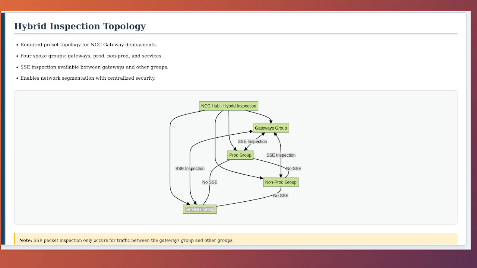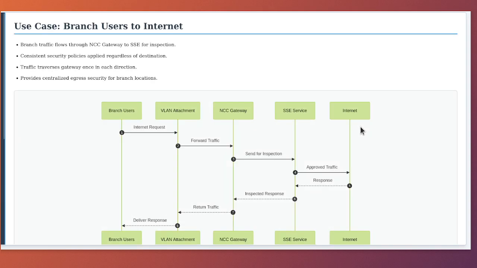However, direct traffic between prod, non-prod, and services does not pass through Secure Sockets Layer inspection. This architecture ensures that traffic crossing the security boundary is always inspected while allowing intra-group communication without unnecessary security processing overhead.